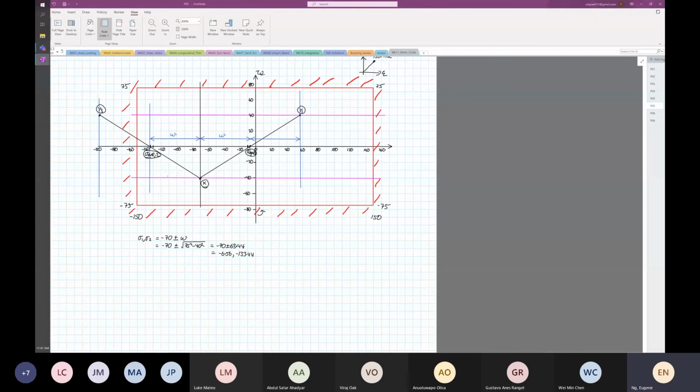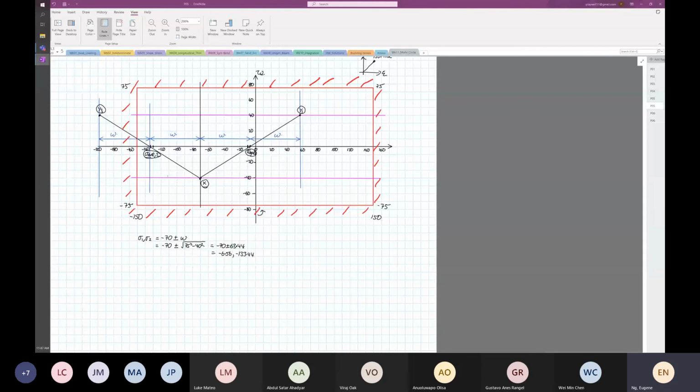So all this distance down here is W, and this distance from here to here is also our W.